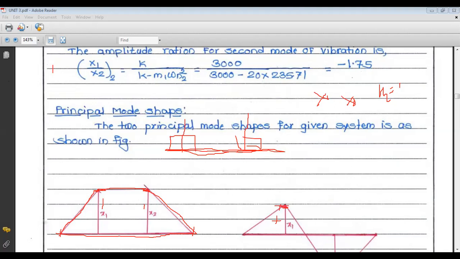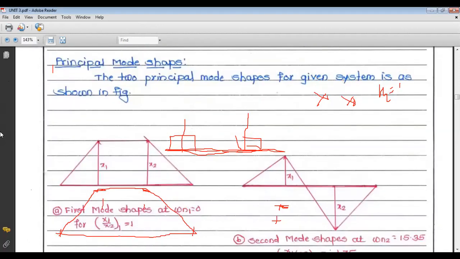The minus means out of phase. So this is the first mode shape when omega n1 is 0, and the second mode shape is out of phase: one is in one direction, the other in the other direction. And the first is in phase, so both are in the same direction.